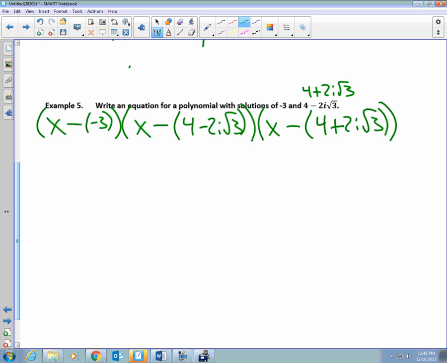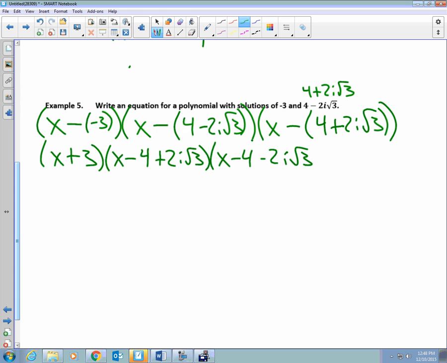Do you see now why I wrote it as subtraction on the front side? So that you see what we're doing here. I will get rid of my negatives. I will distribute my subtraction through: x plus 3, x minus 4 plus 2i root 3, x minus 4 minus 2i root 3.